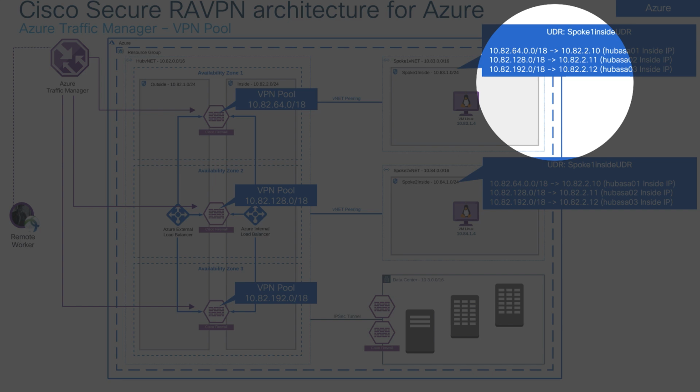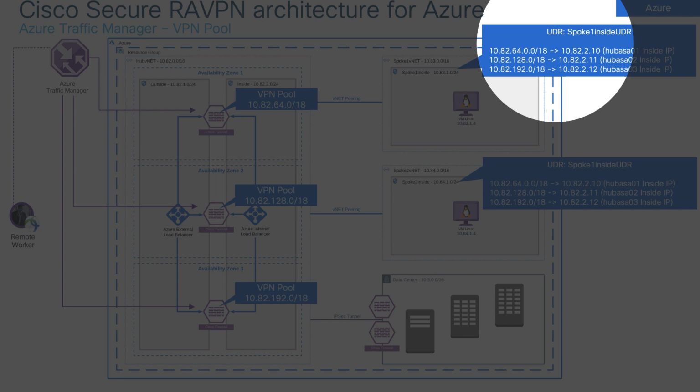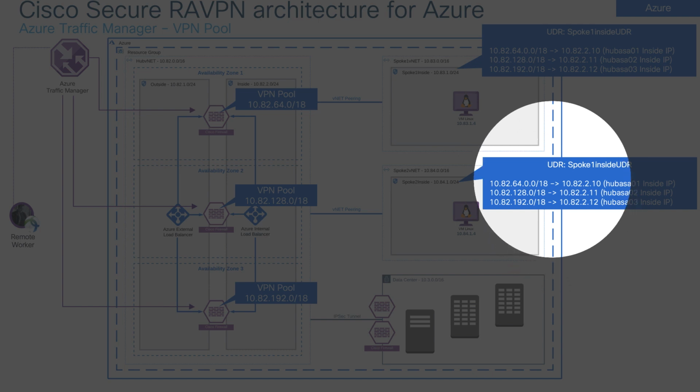But if you look at my route tables which are attached, I'm using a route back to my firewalls. .10 is my first firewall, .11 is my second firewall, .12 is my third firewall. So I'm making sure when these workloads reply, they will reply back to the same firewall where your VPN user is connected. A similar route table is configured here as well.